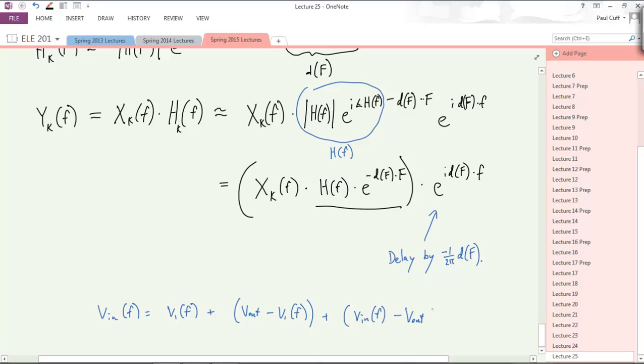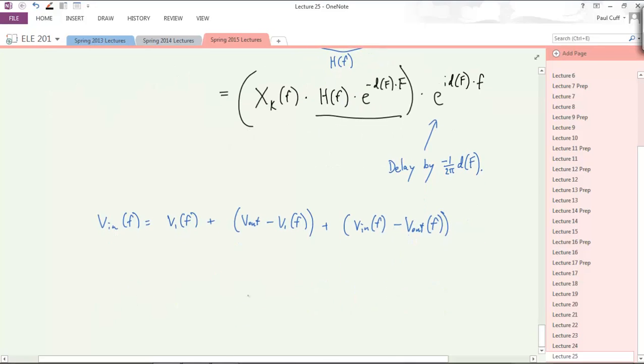So far, what I've written is trivial. You don't have to know anything to know this equation, but now we can go substituting these in. Okay, so V1 was the voltage across that final capacitor. And we know that is going to be I of f times 1 over i2πCf, okay?